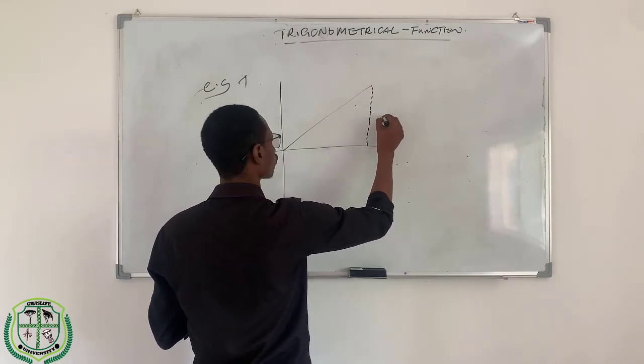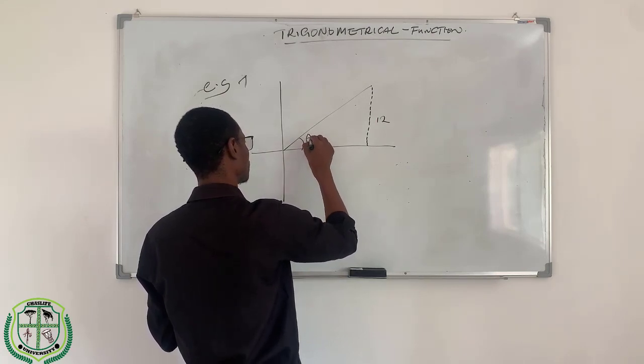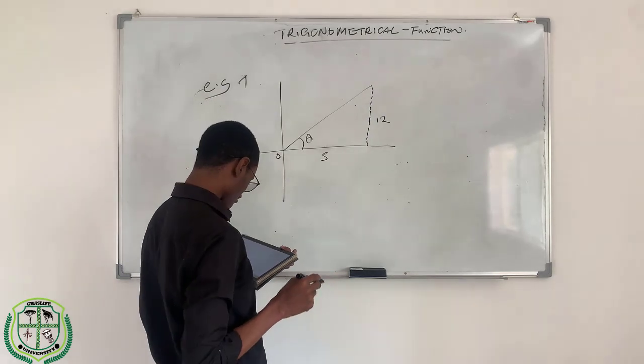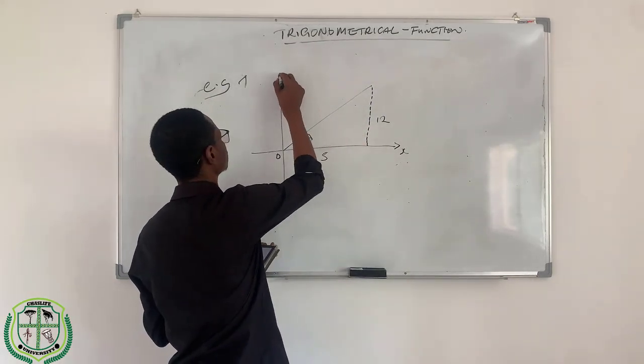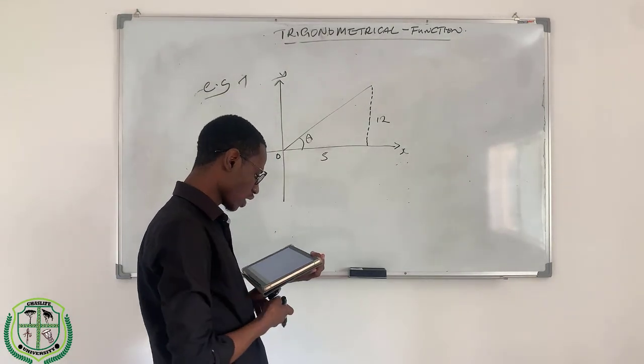This is 12 and this is 5, of course. Here is a theta because it's not a right angle triangle. There as usual. Then this is the x and this is y. Okay. So what do we do?